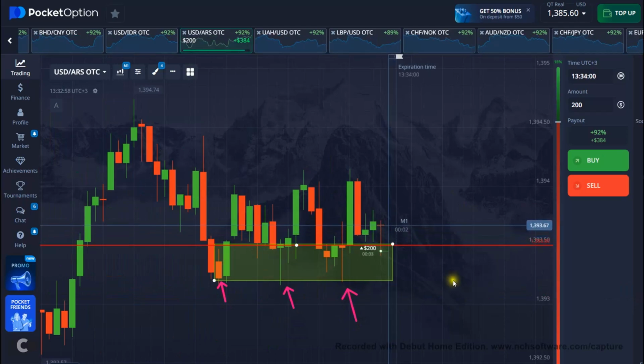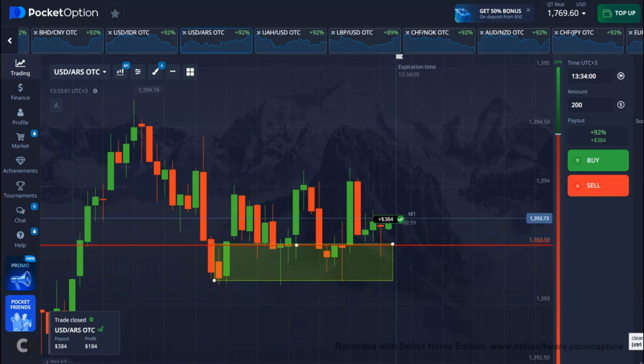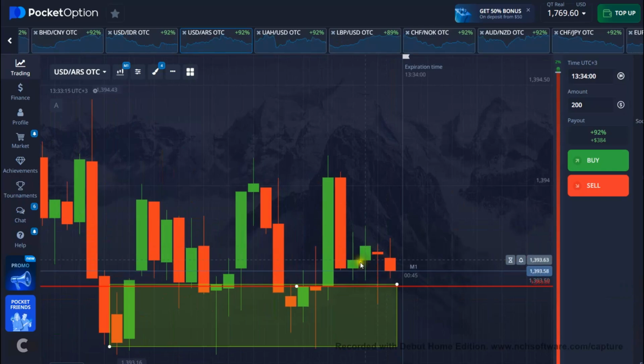So these are support areas, and as I explained to you guys, once we get to a support area, we identify a proper demand area, like is the case in this point right here. And once the market came to this demand area, I took a trade.